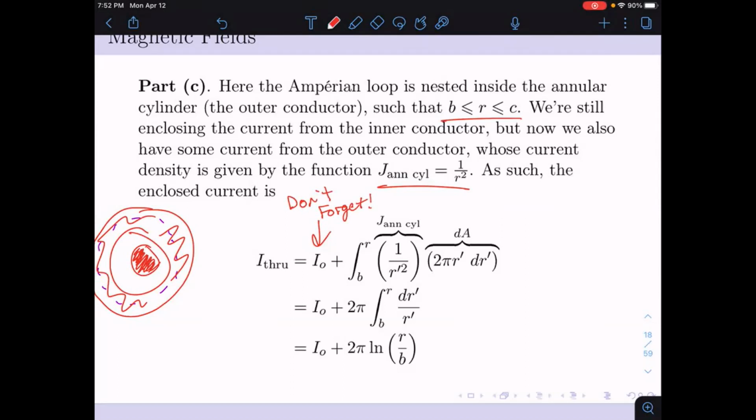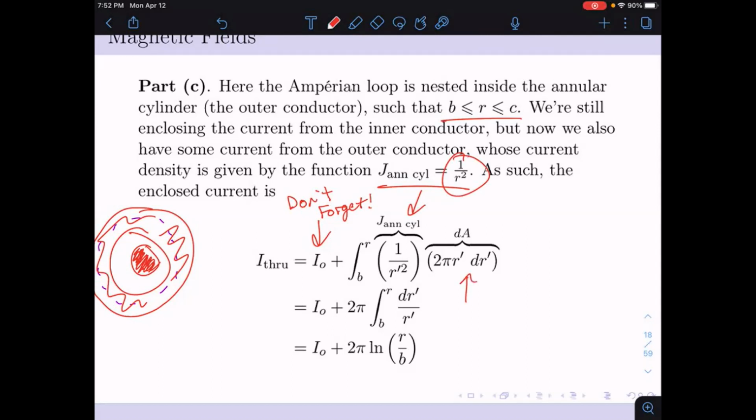But notice this integral of J dA should look a little familiar, except the J is now that non-uniform current density. It shouldn't be the same as for my radius A, because I'm not talking about that radius anymore. I'm talking about in between B and C, so I've got a new current density, 1 over R squared. But notice my dA term, because I didn't change the shape of my Amperian loop, is going to be constant all the way through.